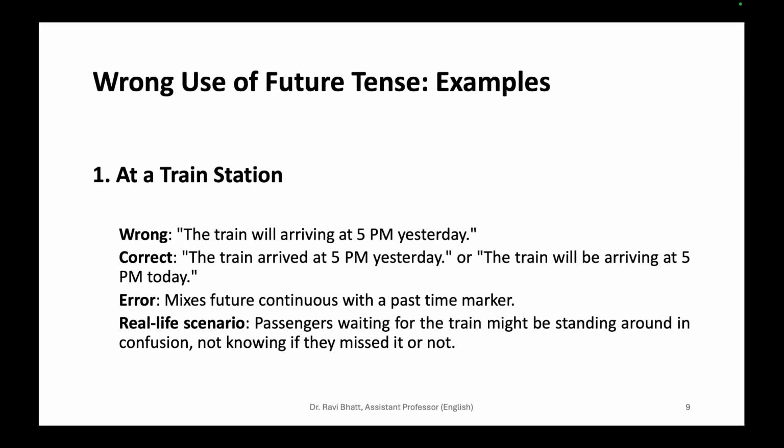So, what we're doing here, we're mixing future continuous with the past time marker, which is a possible wrong use. And in real life scenarios, the passengers waiting for the train might be standing around in confusion, not knowing if they've missed the train or if they're going to catch the train. Okay, the correct variations would be the train arrived at 5 p.m. yesterday, or talking about the future, the train will be arriving at 5 p.m. today.